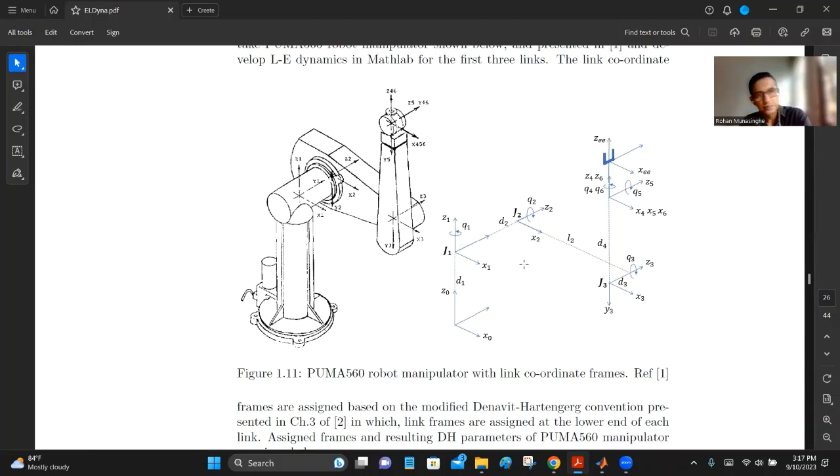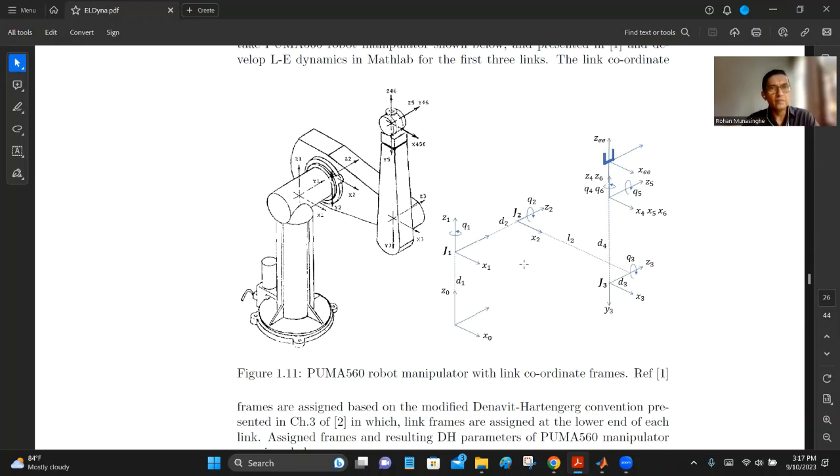What's the other one? A, link length. So in the standard format, I think we followed that procedure. First is the joint offset D, and then theta, or Q angle, and then the link length A, and then link twist alpha. So that was the standard procedure.